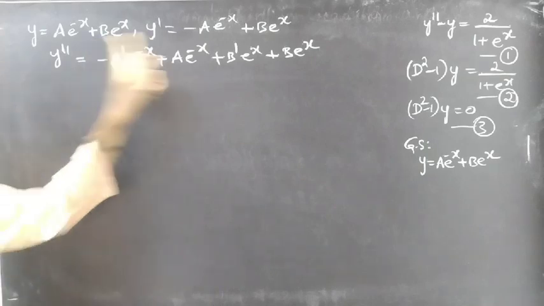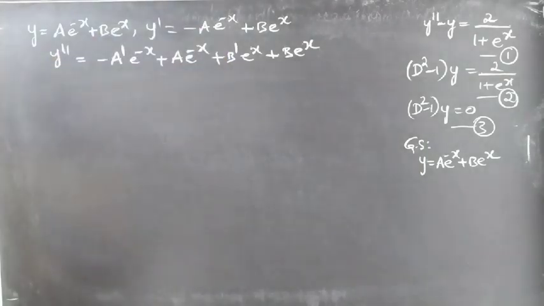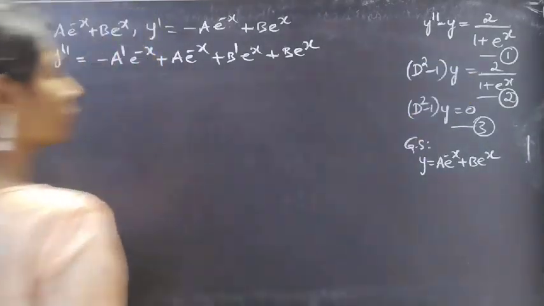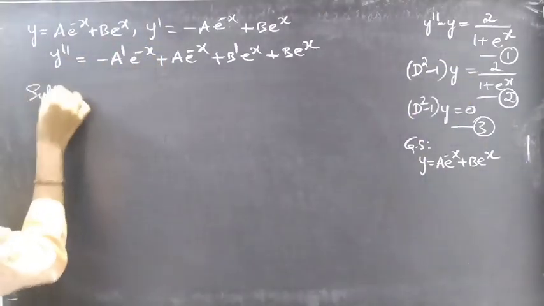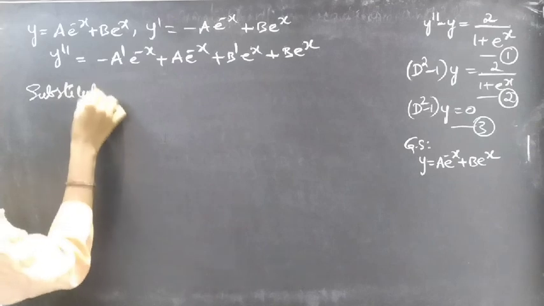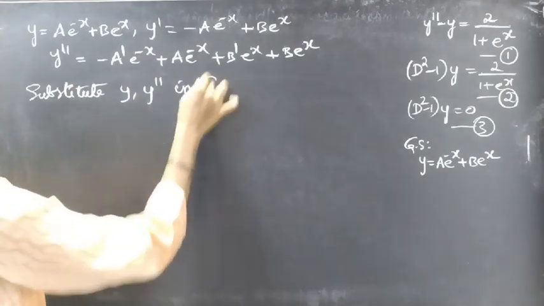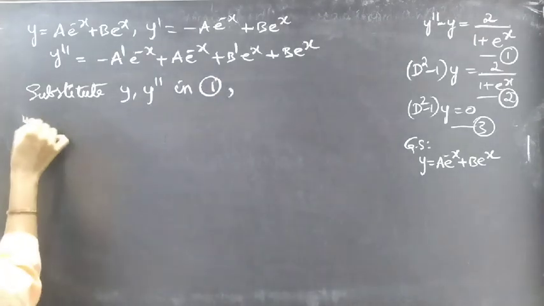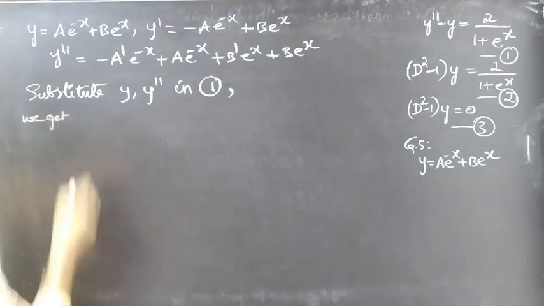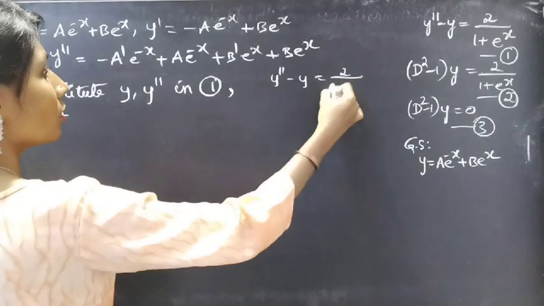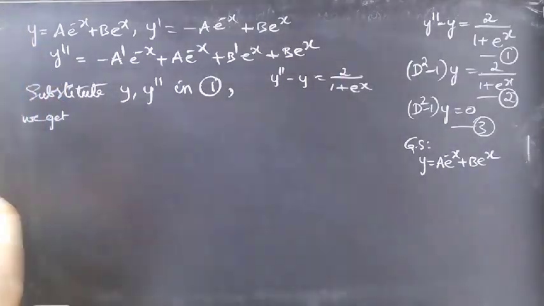Now we got y dash and y double dash, right? Let's substitute y double dash and y in equation 1. We have equation 1: y double dash minus y equals 2 by 1 plus e power x.